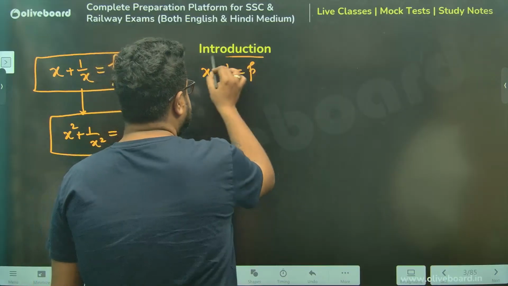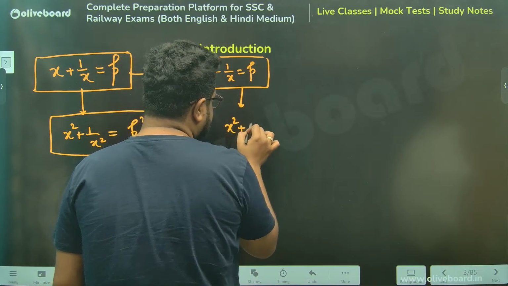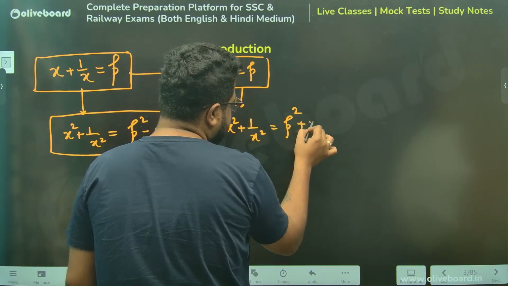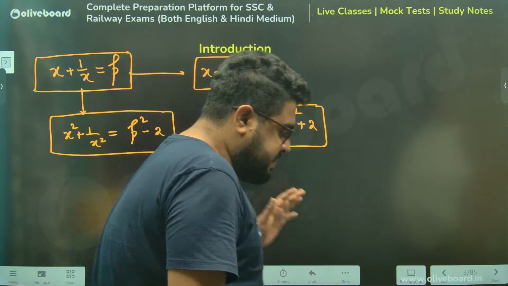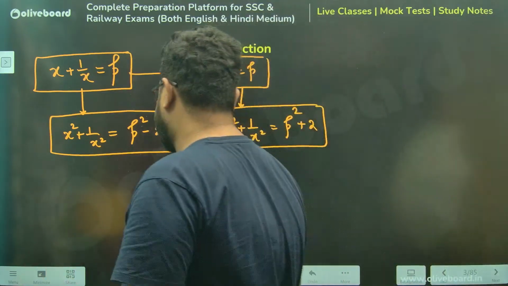In that case, x square plus 1 by x square becomes p square, not minus 2 but plus 2. Is it clear, everyone? This becomes p square plus 2. Very simple stuff.